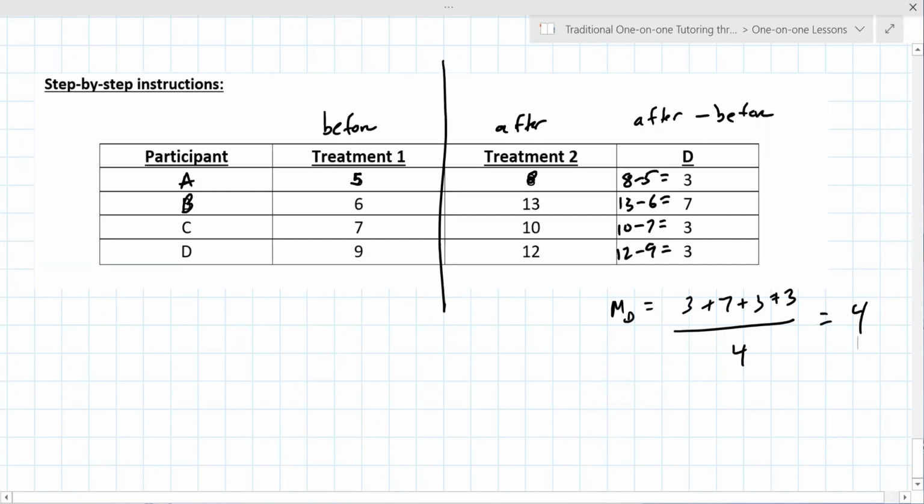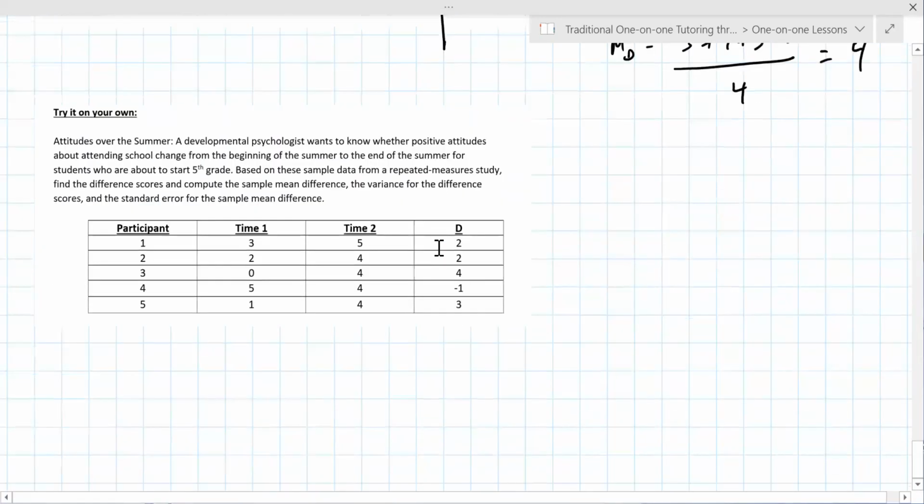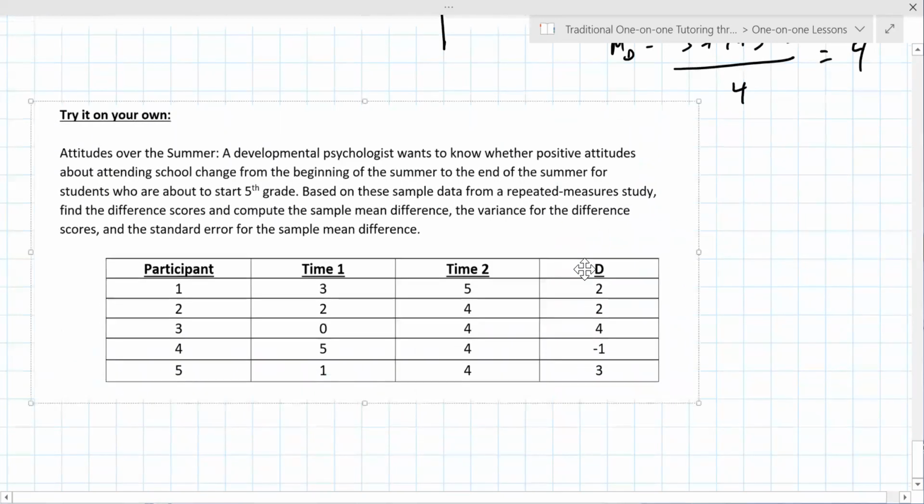Your instructor gives you a problem here, so we should probably do it with this problem. The truth is that after you get the differences, you don't need anything else in the problem set. Your instructor gave you the differences, 5 minus 3, 4 minus 2. This is all you care about now.